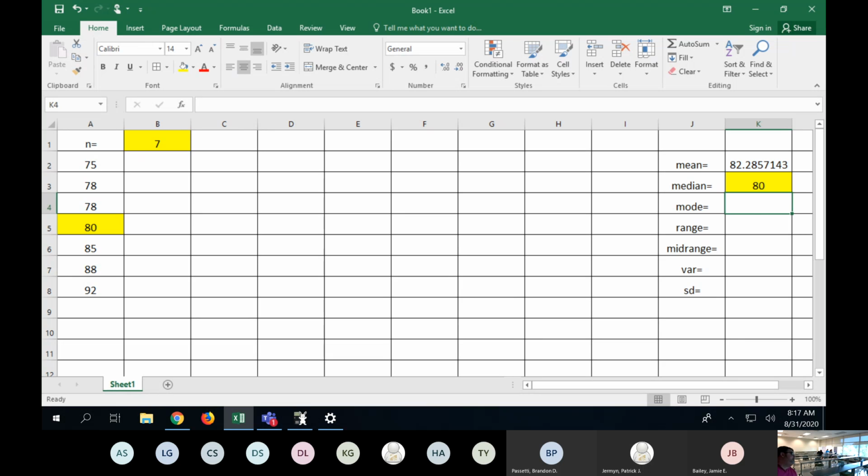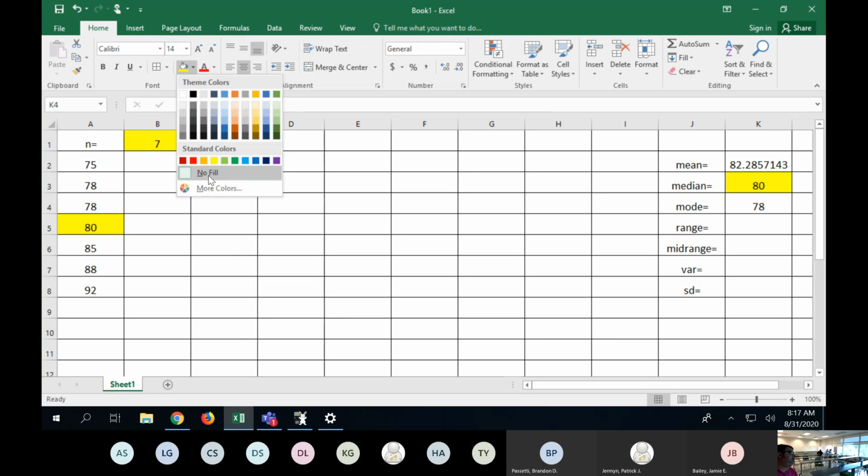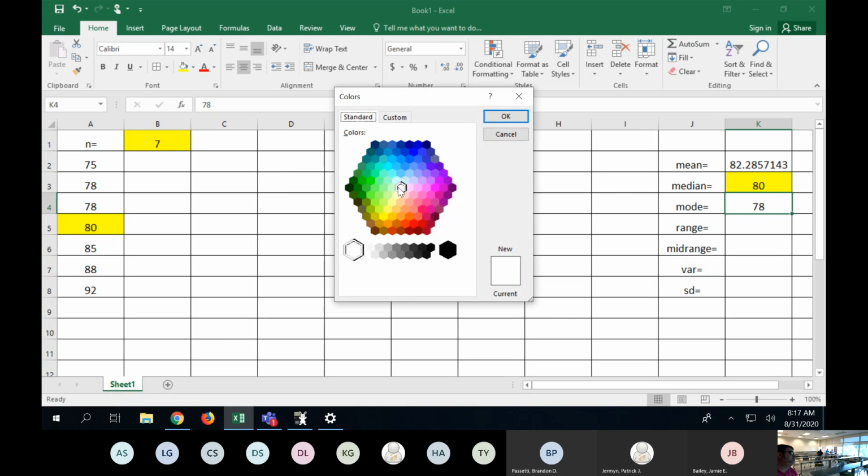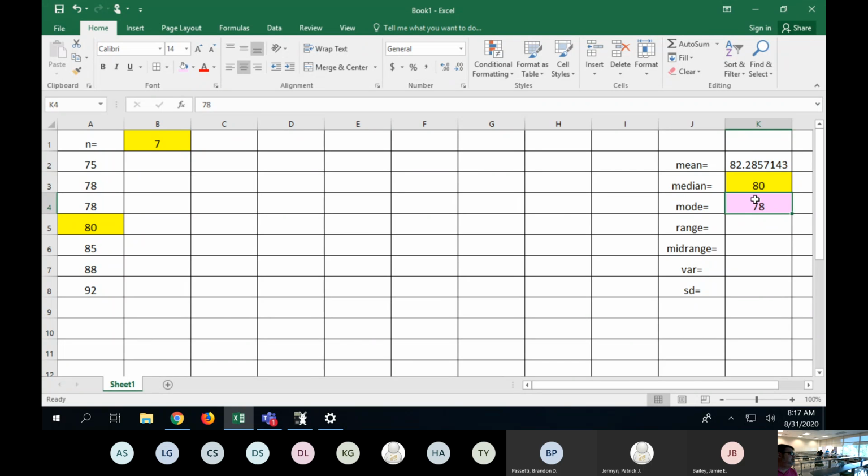Mode is 78, isn't it? Now, I'm going to highlight 78 a real light pink color. Because I want you to realize that that number is observed. It is not calculated. It is observed. So if you don't have a mode, you just put NA, does not exist. There isn't a mode. Whatever you want to put.